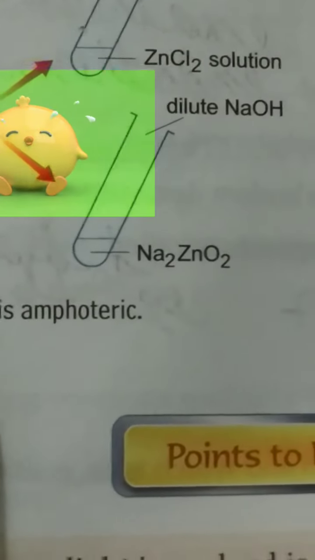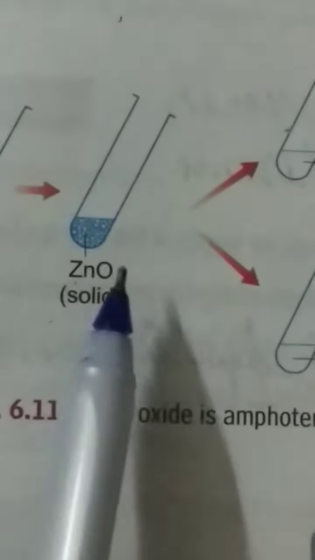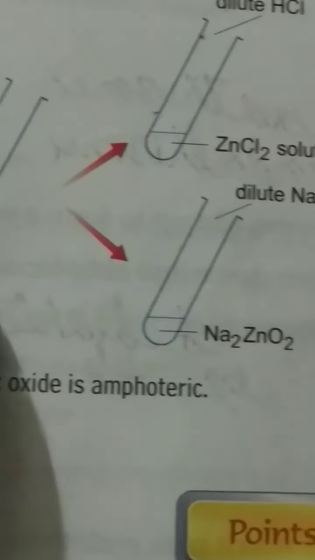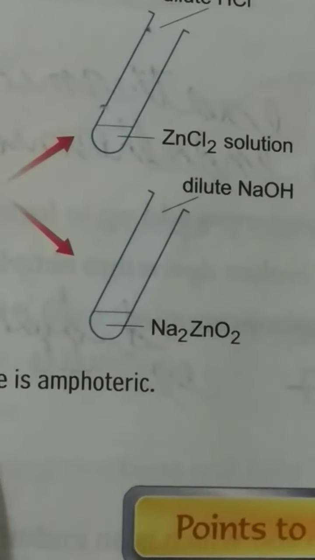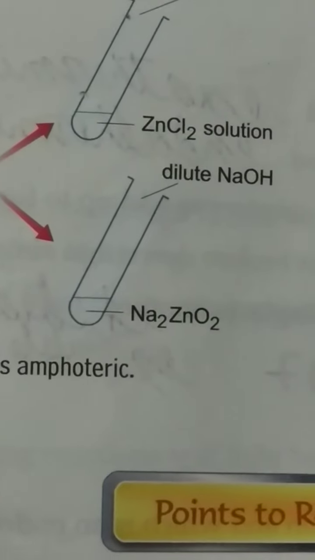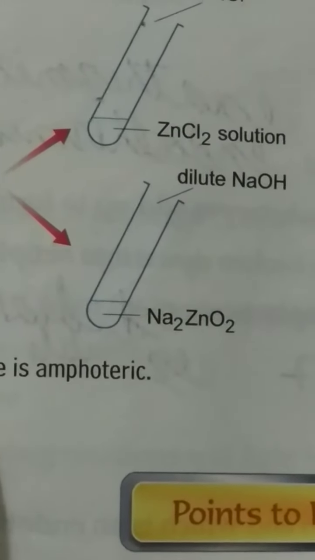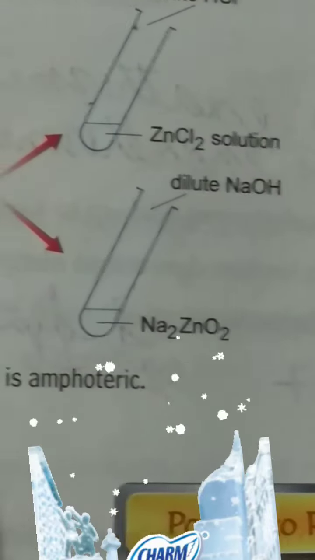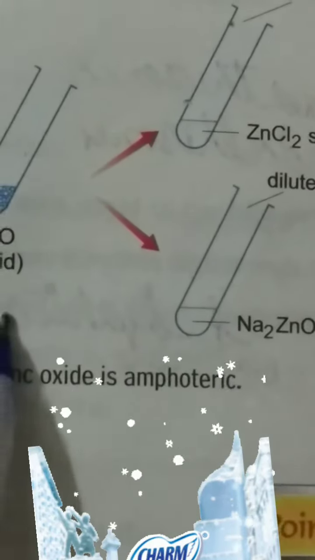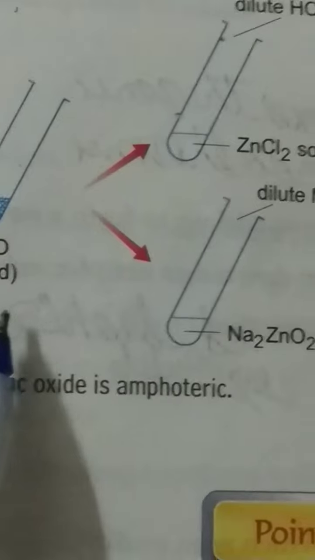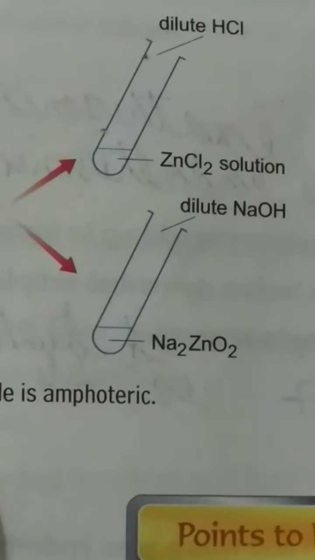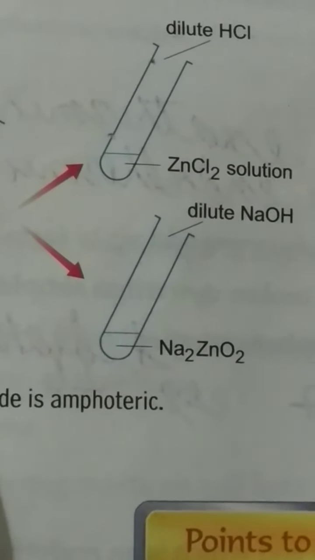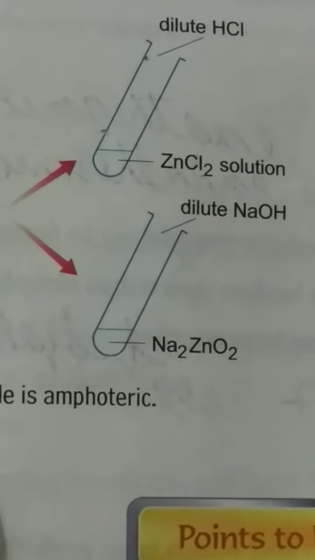Then they cool the solid and it turns white again. This color change can be observed again and again on heating and cooling. Special property of zinc oxide: on being strongly heated, zinc carbonate decomposes into zinc oxide and carbon dioxide.